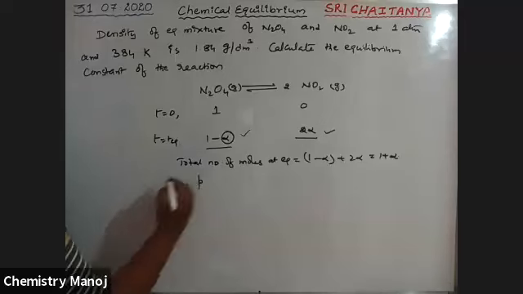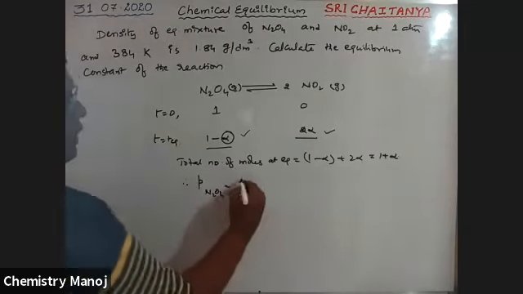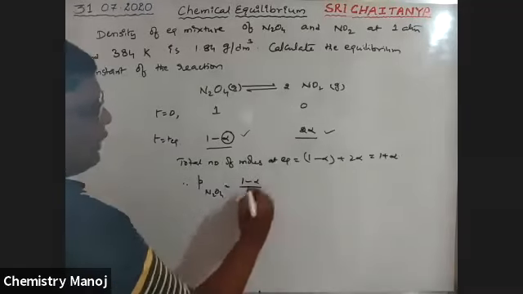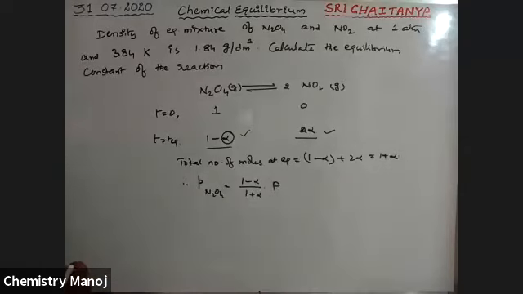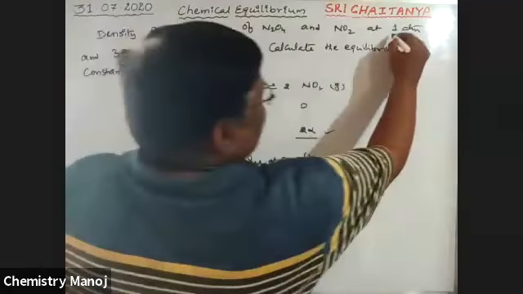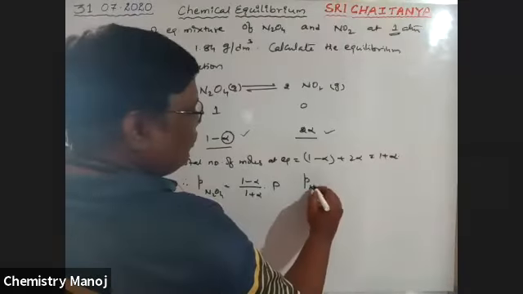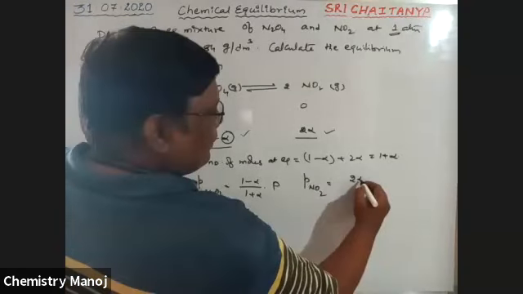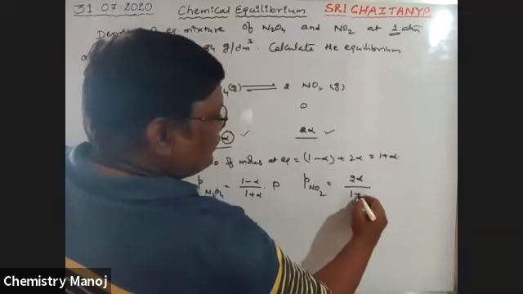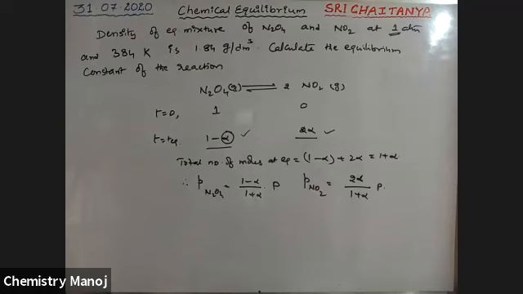Therefore, the partial pressure of N2O4 is its number of moles by total number of moles into total pressure P. Total pressure is 1 atmosphere. Next, the partial pressure of NO2 is its number of moles by total number of moles into P, where P is the total pressure.